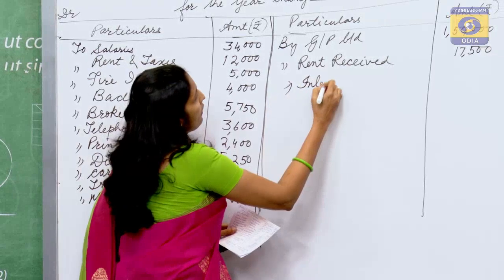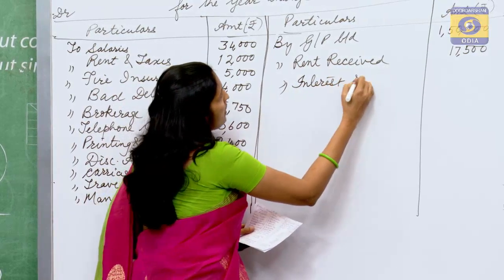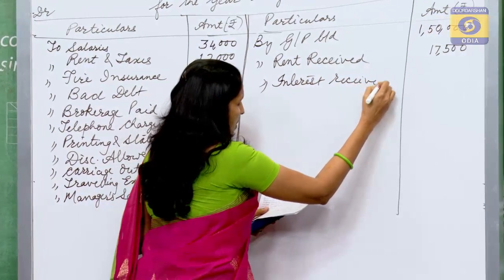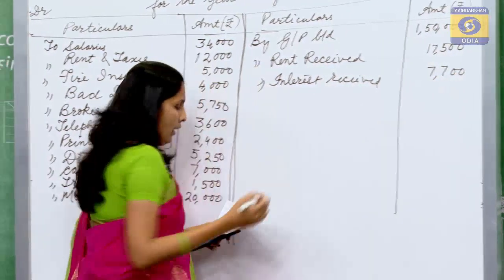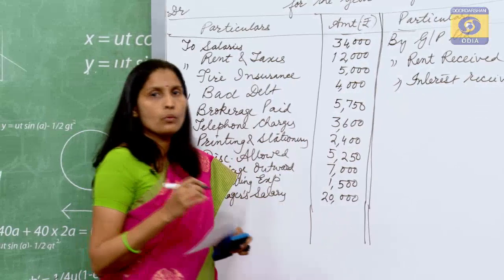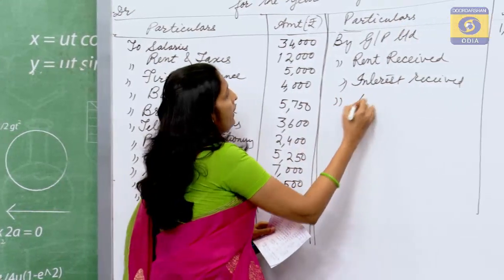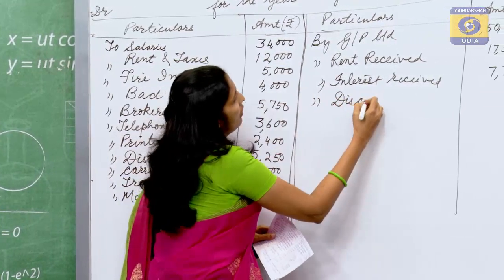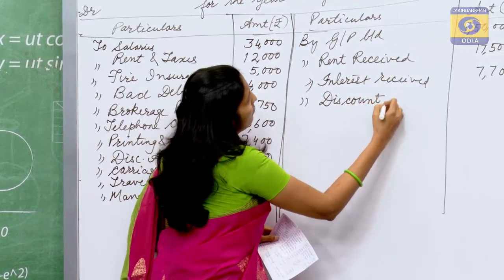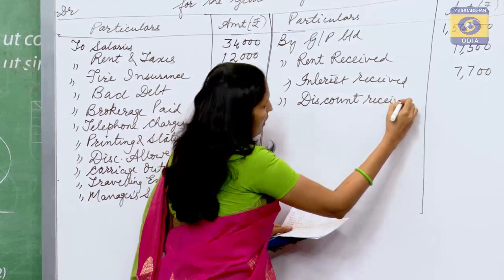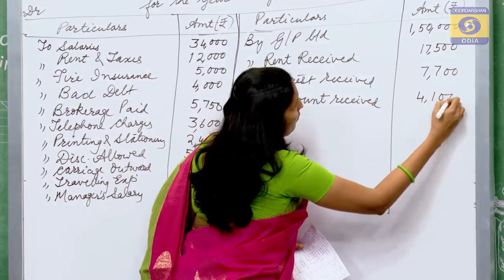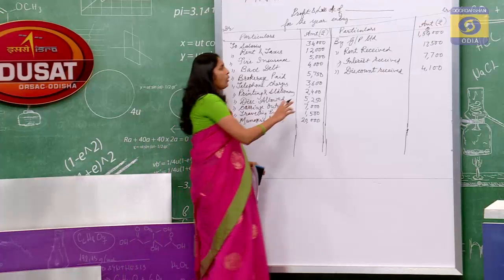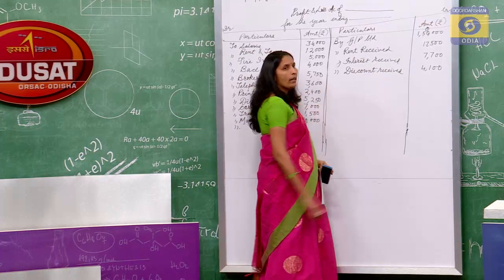The amount of interest received given to us is 7,700. And then we have discount received. The amount of discount received is 4,100.